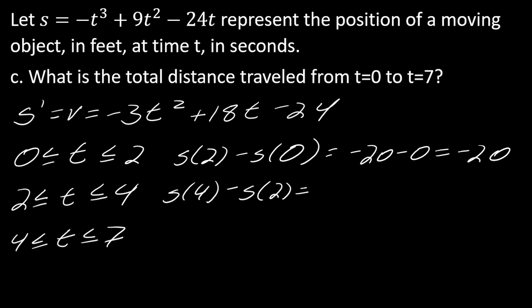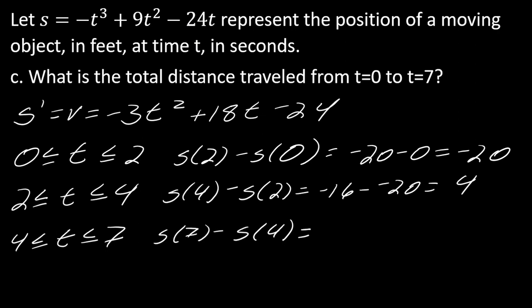Check this out: this will be negative 16 minus negative 20, which comes out to positive 4. Notice how we capture that displacement in the calculation, right? And finally, s of 7 minus s of 4 is negative 70 minus negative 16, so that's negative 54. So there's the feet traveled.